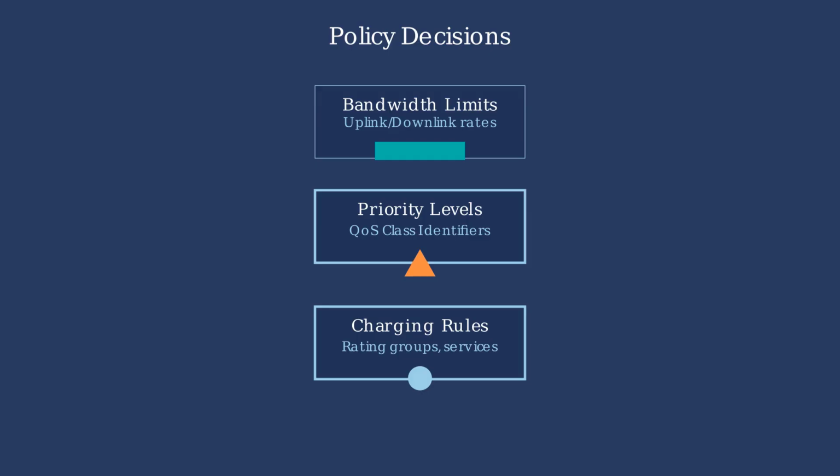These can range from megabits per second for basic services to gigabits for premium services. Priority levels, represented by QoS class identifiers, determine how traffic is handled during congestion. Higher priority traffic is processed before lower priority traffic. Charging rules specify how services are billed, including rating groups and metering methods like volume-based or duration-based charging.